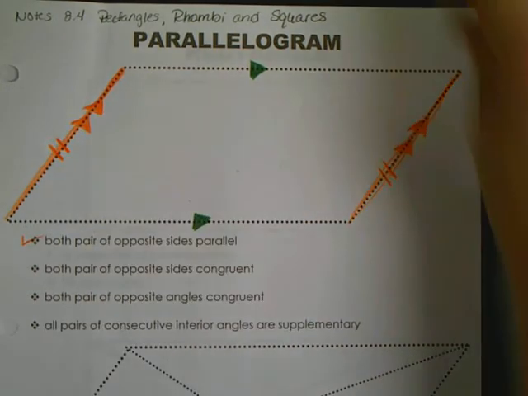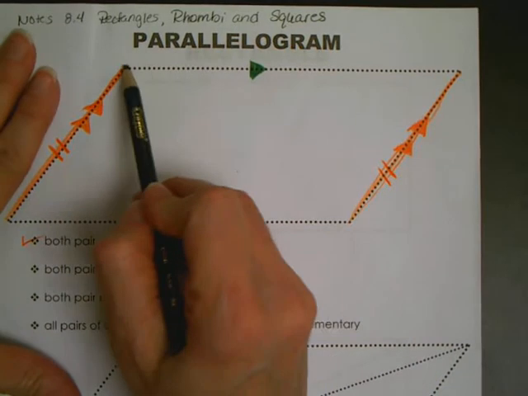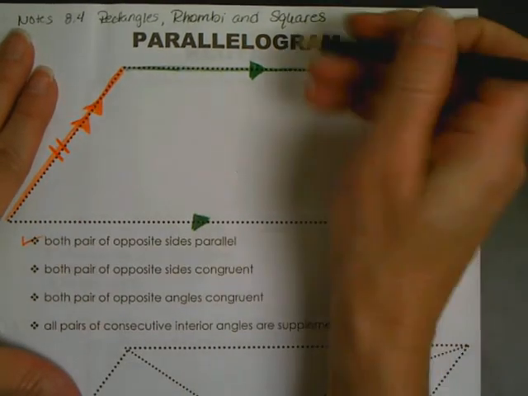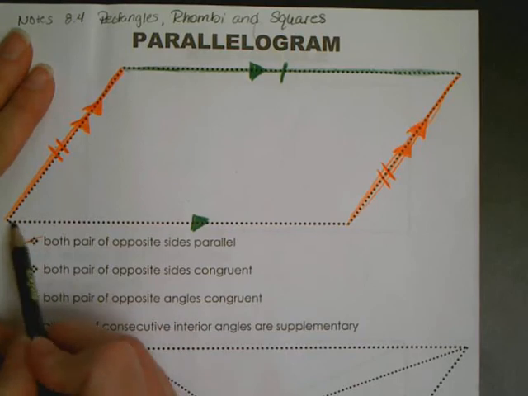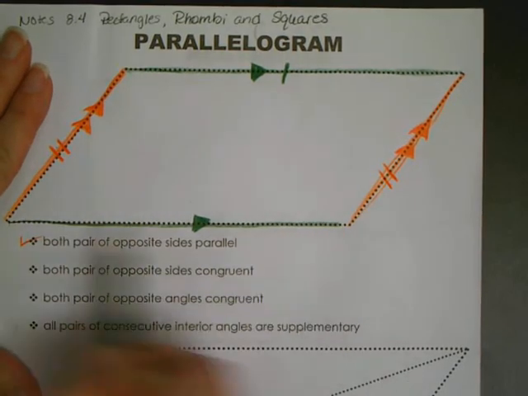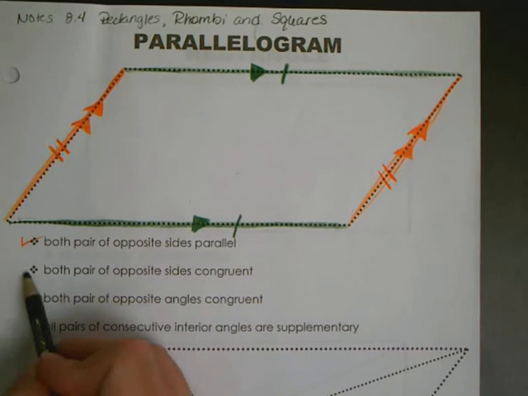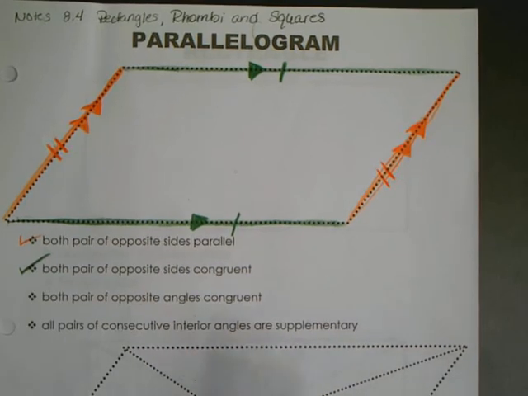All right, top and bottom are congruent. Mark it green. Get 1 little congruent mark. Down at the bottom, 1 little congruent mark. Check that one off.